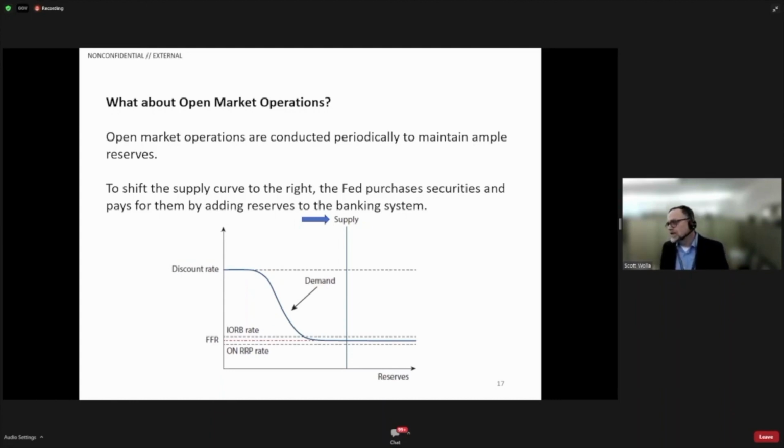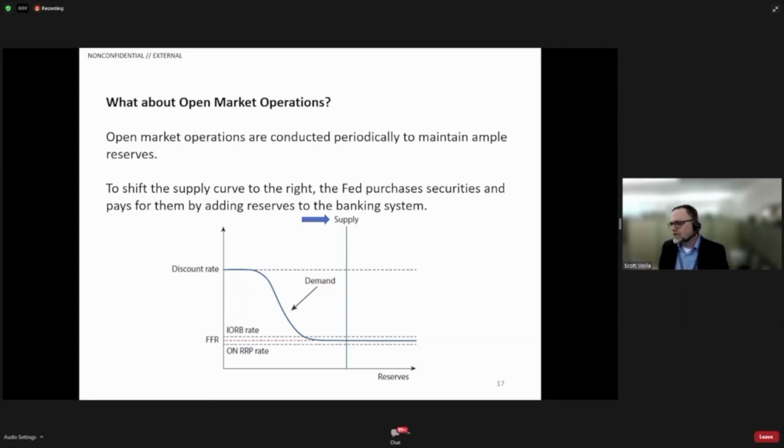It is a tool, and the reason it's still out there is that this system works if the supply curve is far enough to the right that it's not in that upward sloping or downward sloping part of the demand curve, right? We don't want the supply curve kind of coming back and getting into that sloped region. And so open market operations are used periodically to maintain what we call ample reserves.